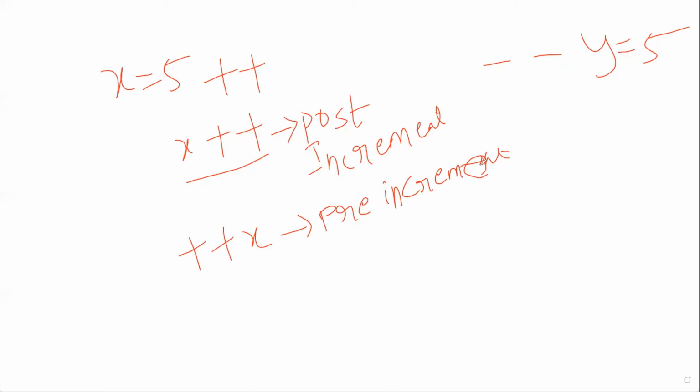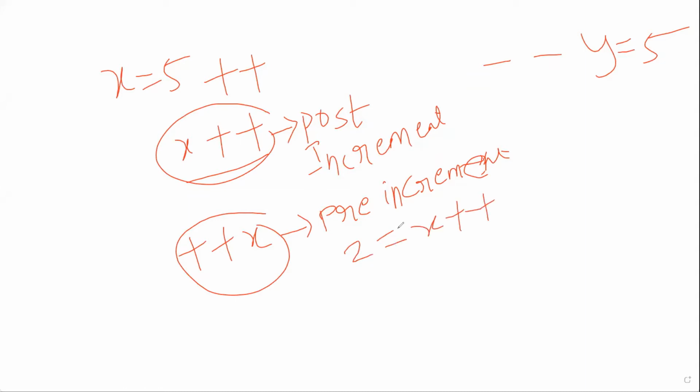There is one difference. If you are using x plus plus or plus plus x in any expression, there you can find the difference. For example, I said that z equal to x plus plus, meaning I'm using post increment.